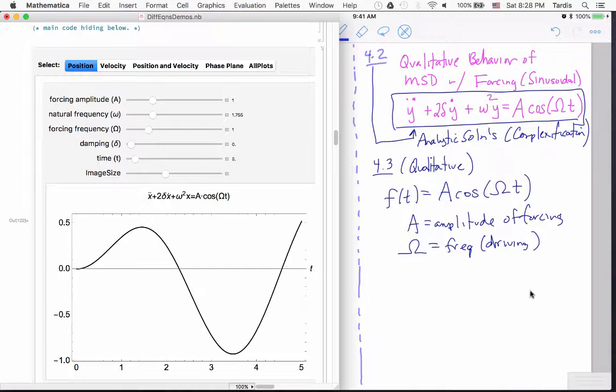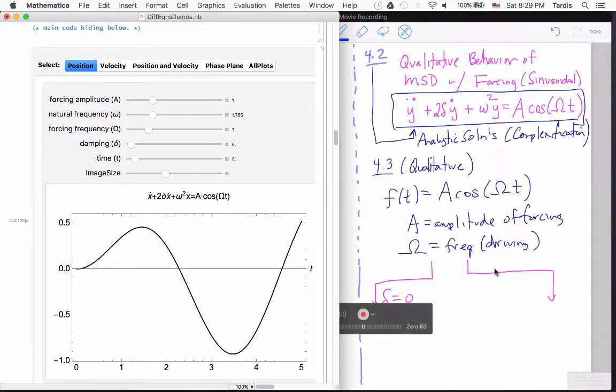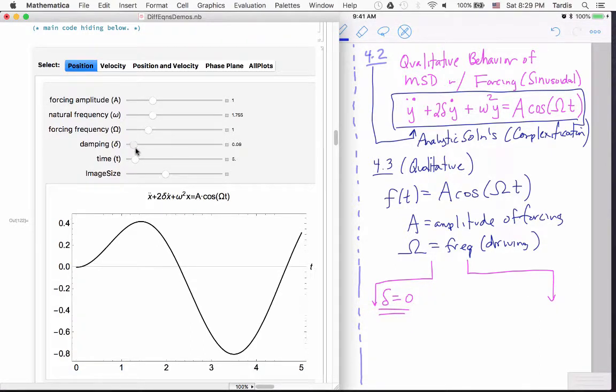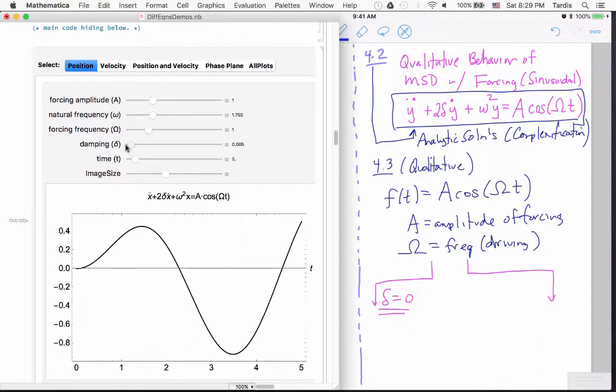What we'll see is that there are a variety of cases that we can look at to understand the qualitative behavior. The first case is to break the problem down into damping, the delta term, being equal to 0. There are a lot of parameters in this problem.